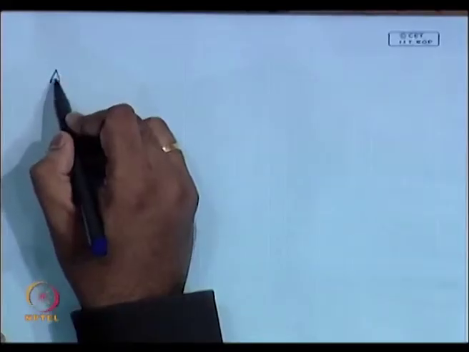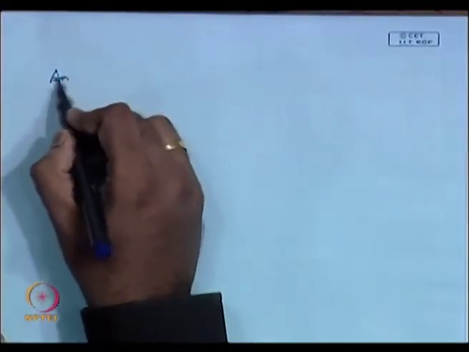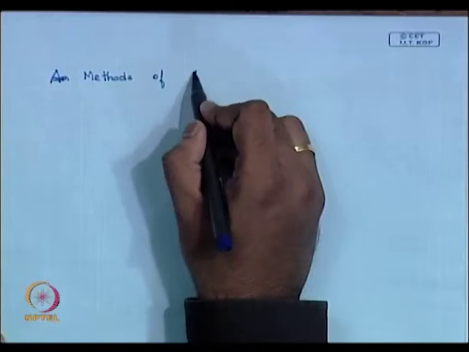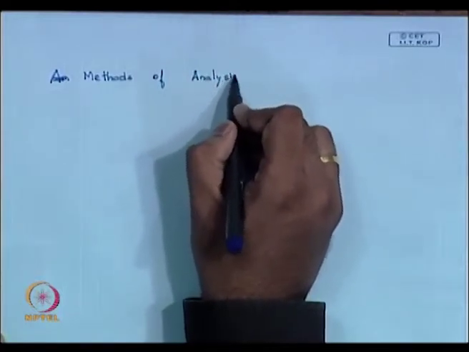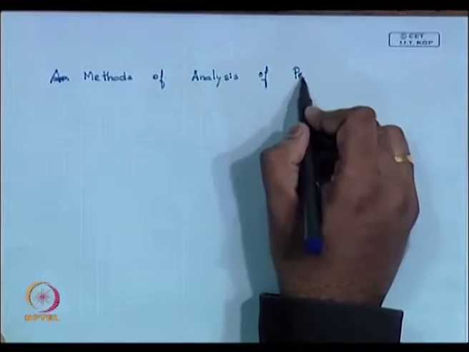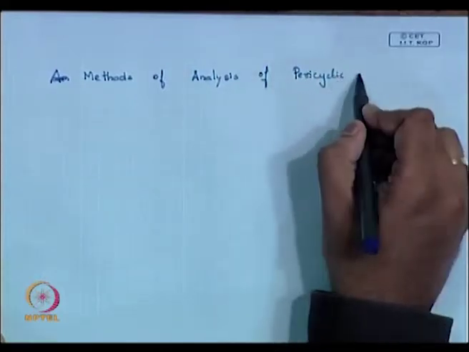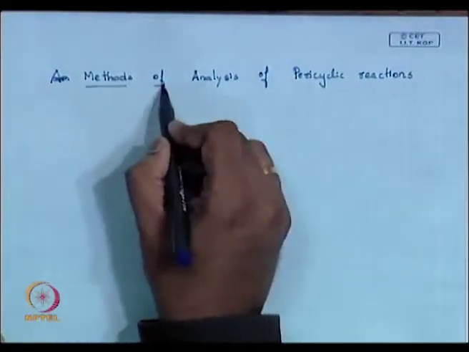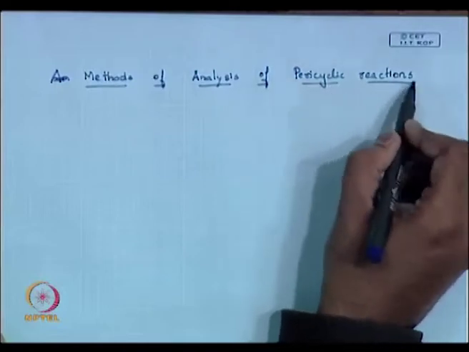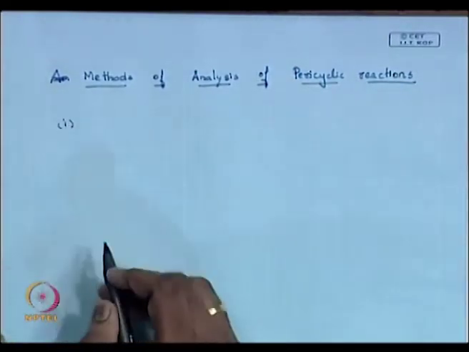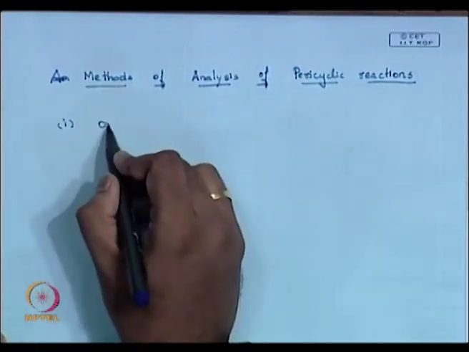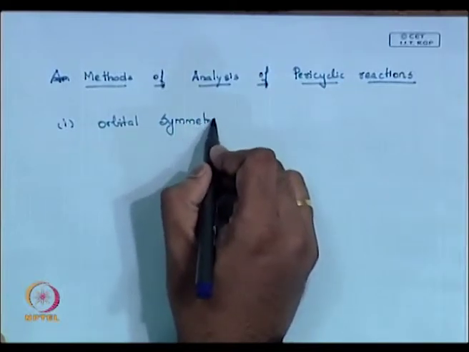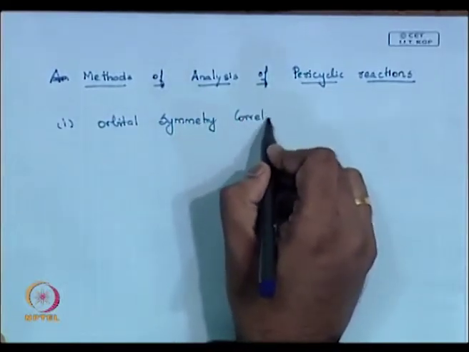So, there are three methods you use to understand pericyclic reactions. One is your orbital symmetry correlation method.